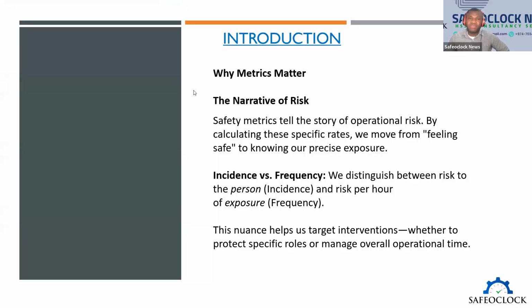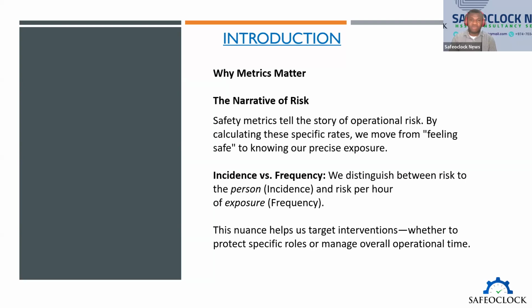So why do we do incident calculation? The safety metrics usually tell us stories about operational risk. Okay, so when we deal with the numbers, it helps us to understand better the level of damage or the level of risk that the organization or the workplace is exposed to.